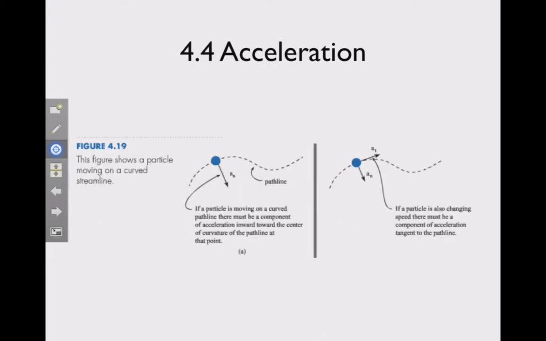So we have a way now of determining this normal acceleration when we have curvature. It's going to be v squared over r, where r is the radius of curvature of this curve, and v obviously is the speed along the curve.